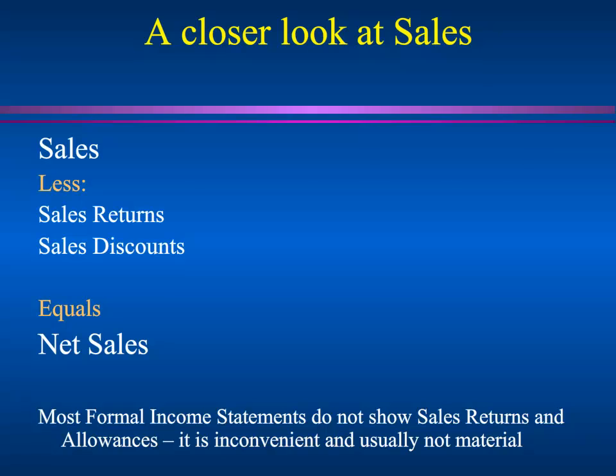If somebody returns something because it's damaged or old or whatever the case may be, they'll track that because it might be important if you're selling stale or damaged inventory. Discounts, not so much, and some companies and some systems don't track either. I'm just making you aware that it exists. Most formal income statements will just say net revenue or net sales at the very top.